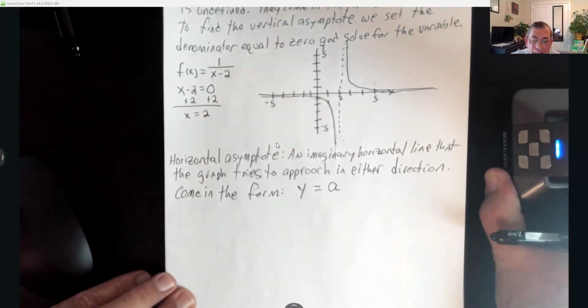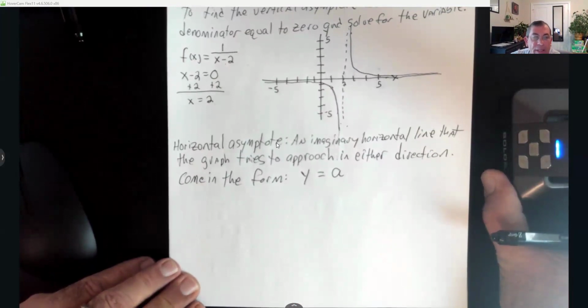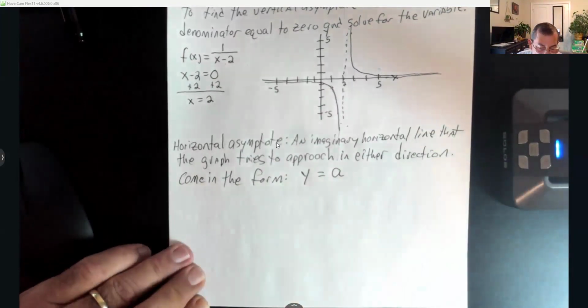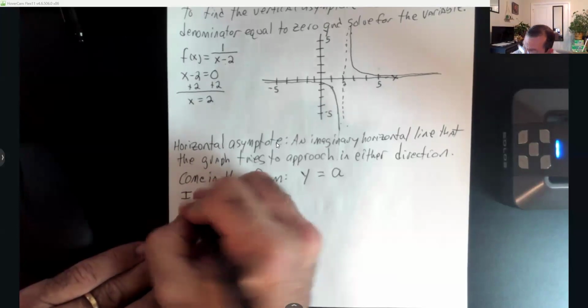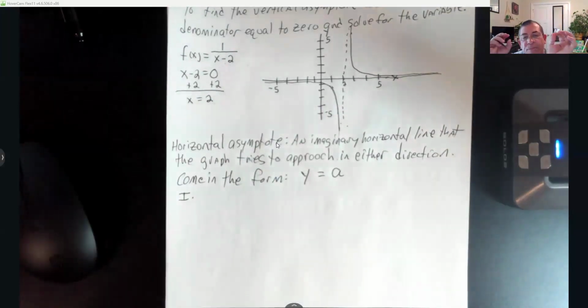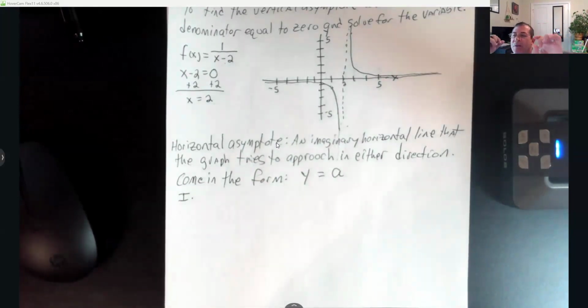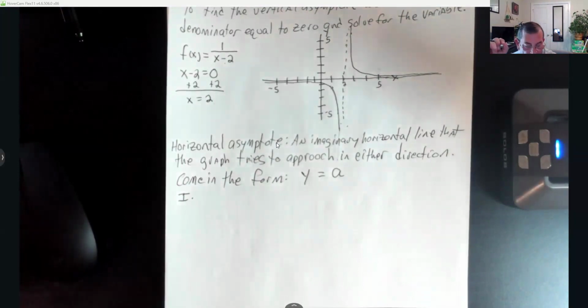Now, I'll tell you how we find a horizontal asymptote. We've got three cases of horizontal asymptotes, okay? To figure out what the horizontal asymptote is, we compare the degree of the top to the degree of the bottom. The degrees are the highest exponents, okay? So we're looking at the highest exponent on top and the highest exponent on bottom.